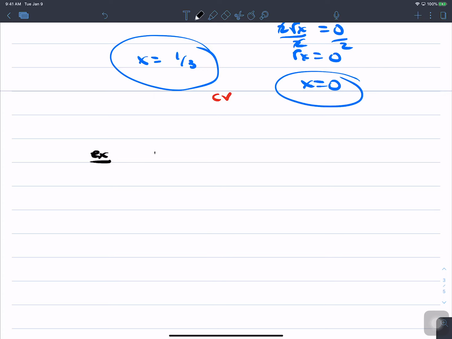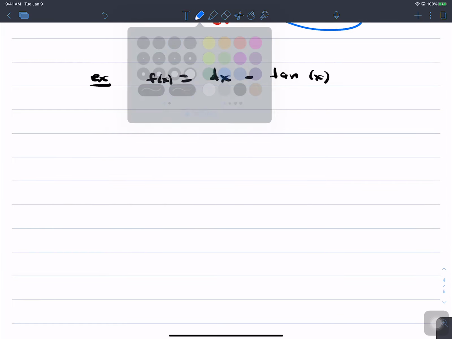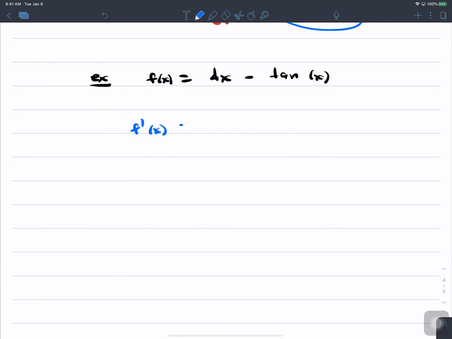Another example. F of x is 4x minus tangent x. So we need to differentiate the function.